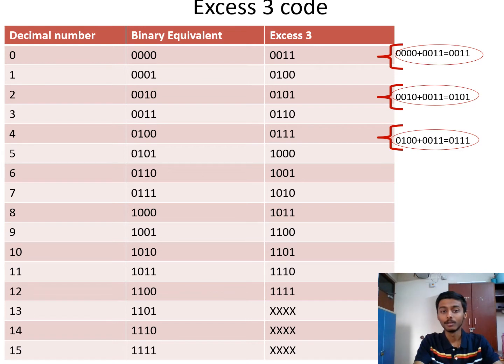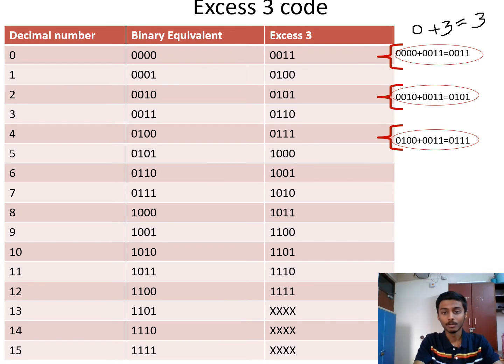For example, to write the XS3 code for 0, we do 0 plus 3. 0 plus 3 gives 3, and we write it in binary form, it's 0011.